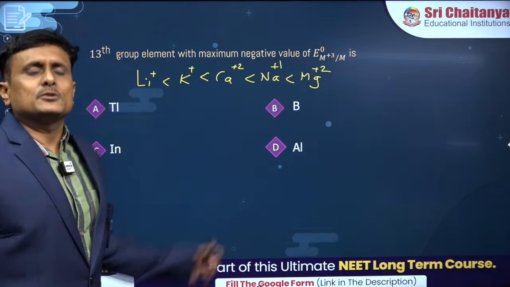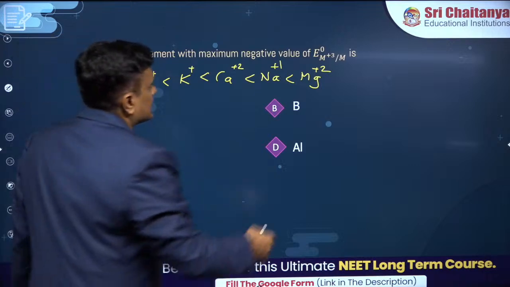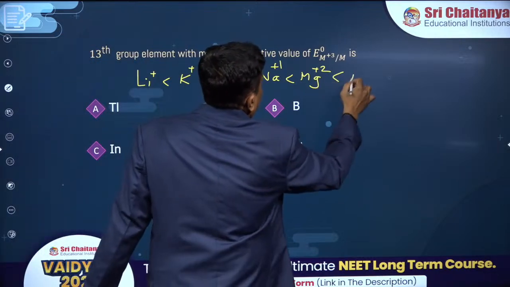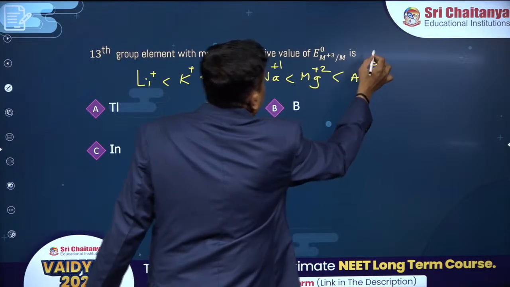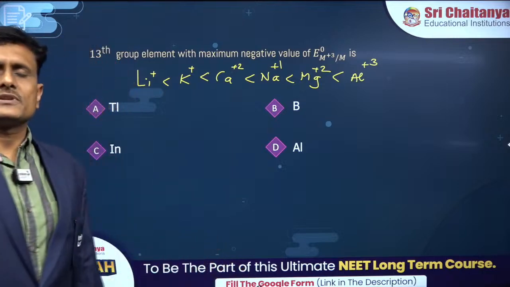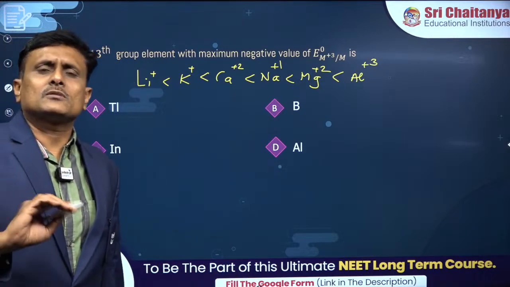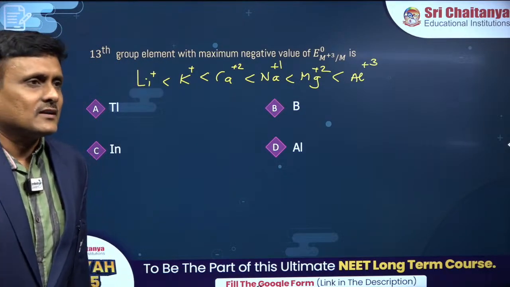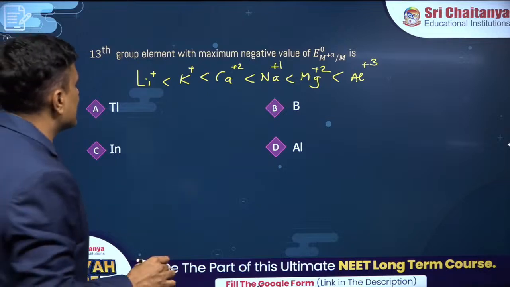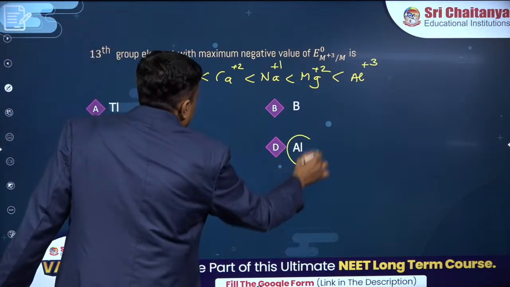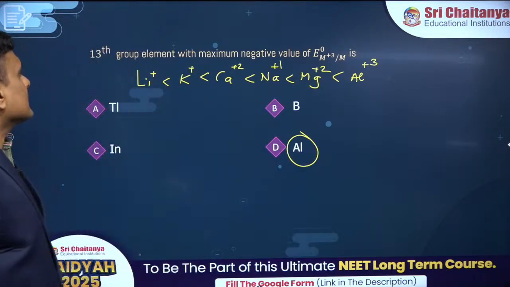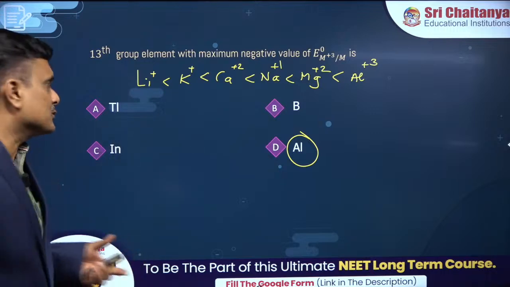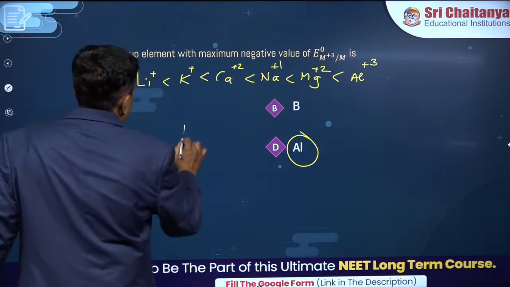Reduction potential value order is mandatory. So in 13th group, after you can see magnesium, what comes is aluminium. So least reduction potential value in 13th group is not boron, it is rather aluminium. All right. So Al plus 3 will have least reduction potential value. Most negative value means what? Least reduction potential value.